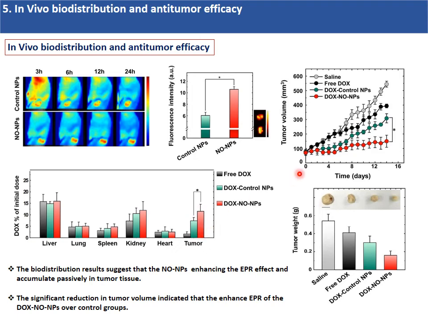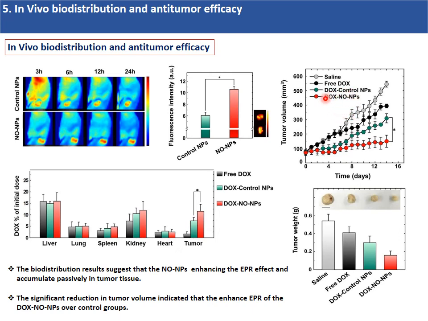For anti-tumor efficacy, the tumor volume decreased much more with the DOX nanoparticle compared to the DOX control nanoparticle, and the tumor weight also decreased in the DOX nanoparticle group, due to more accumulation of the DOX nanoparticle and chemotherapeutic drug and release at the intracellular level.